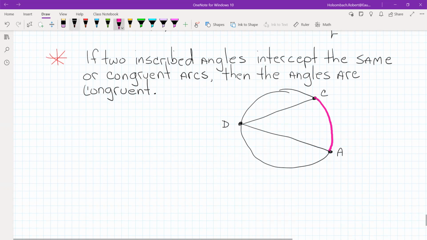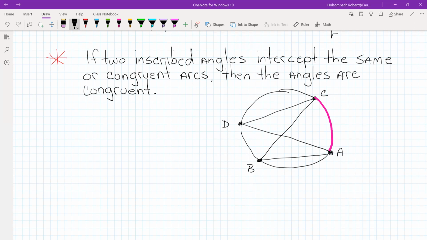Well, what the rule says is that if two inscribed angles intercept the same or congruent arcs, so if we take this here and we draw in a second inscribed angle, angle B here forms arc CA as well, doesn't it?